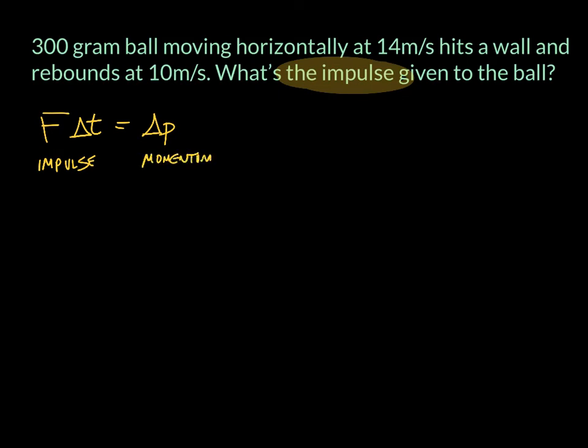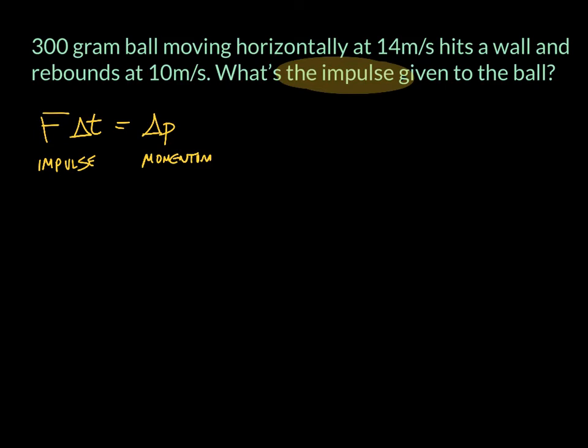So this is where we get the impulse momentum theorem: force times time component equals the delta P, or change in momentum component. Both of these really boil down to mass times change in speed.